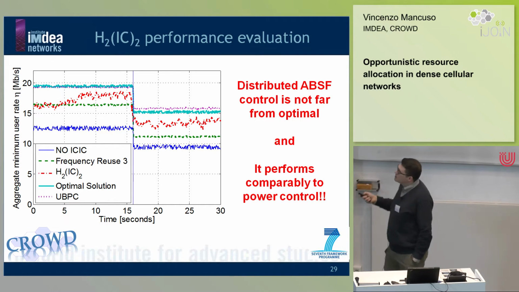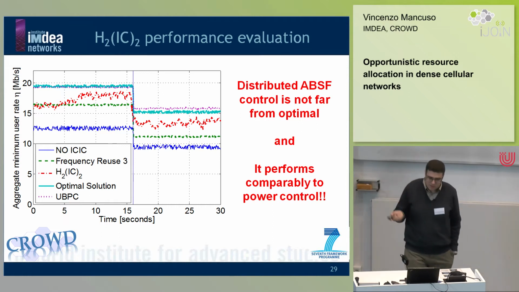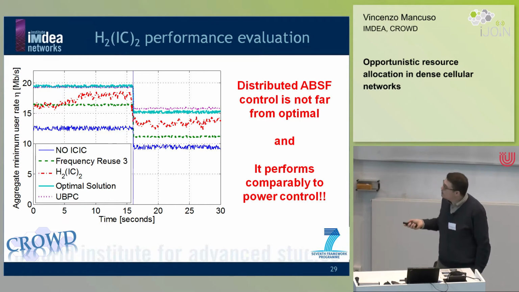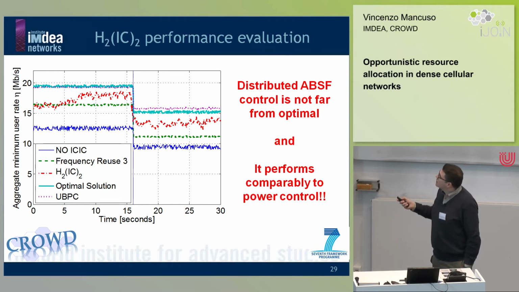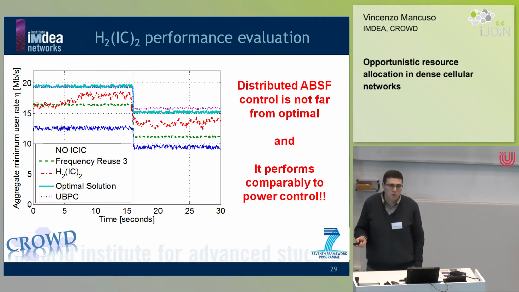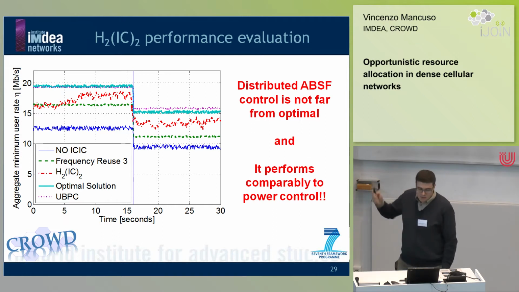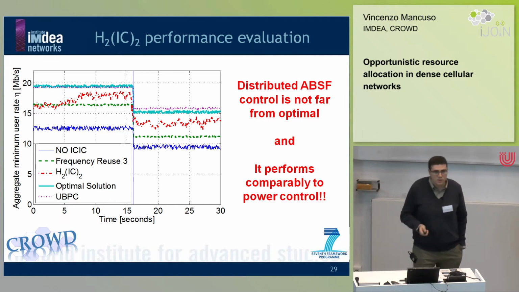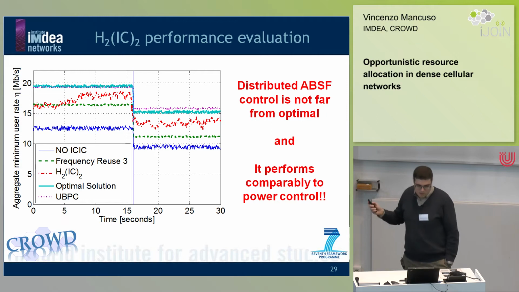This is another example of performance with a distributed approach. And the nice thing is that the red, which is the distributed approach we have, is quite close to the optimal, potentially optimal decision that can be taken in the network when you have a Deus ex machina doing the computation for you. So that's the optimal.